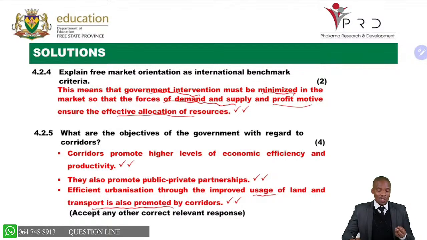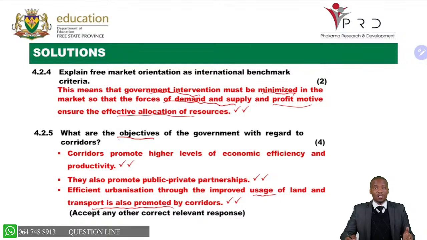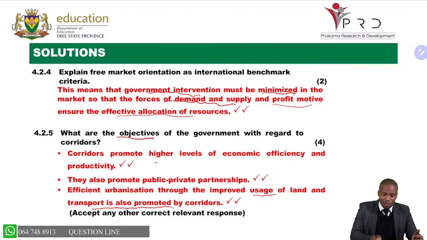But here we are not asking you what is a corridor because you've already told us what the corridor is. The question asks you what is the objective of government establishing those corridors or those special initiatives. They are there to promote high levels of economic efficiency and productivity.